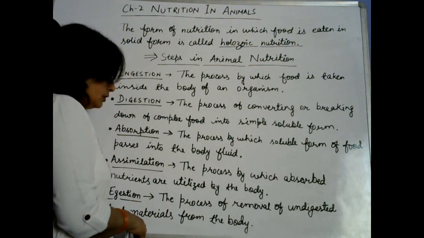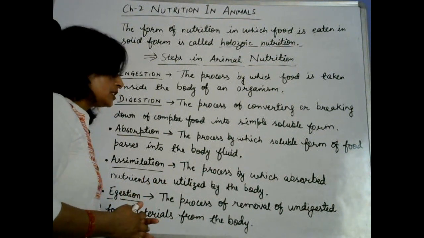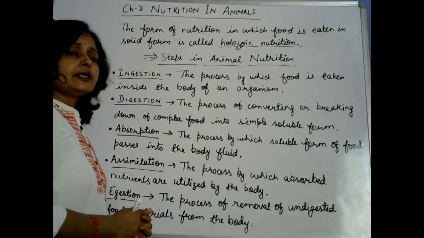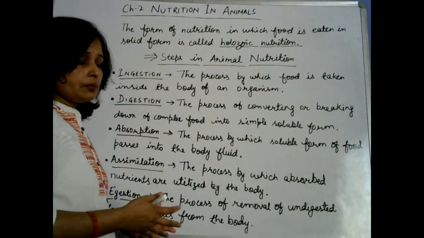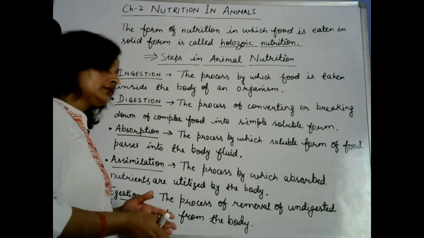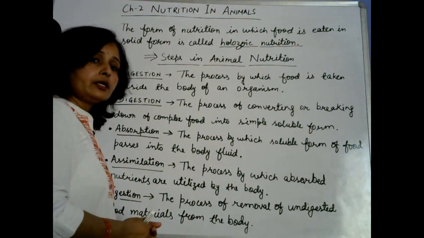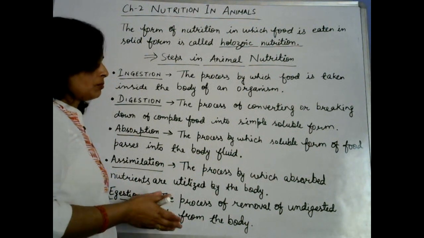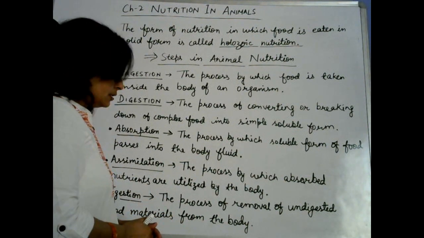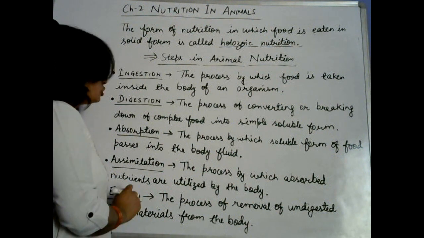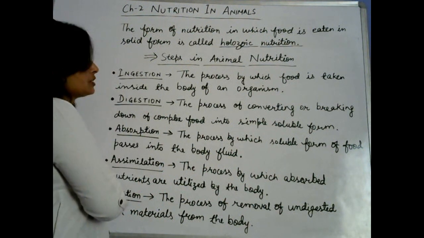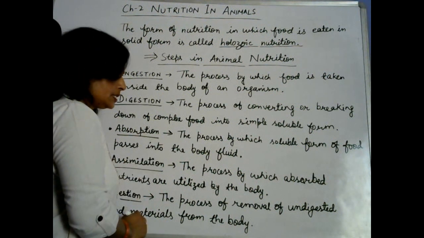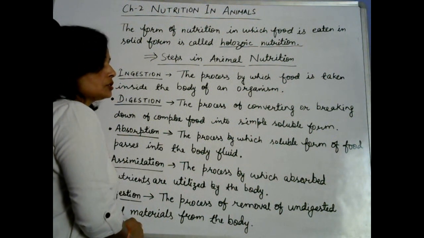After digestion, absorption and assimilation, some food particles are left undigested in our small intestine, then they move to the large intestine, and from the large intestine they are removed from our body through the anus. That is called egestion. So these are the 5 steps which take place in animal nutrition, in humans as well as some other kinds of animals also.